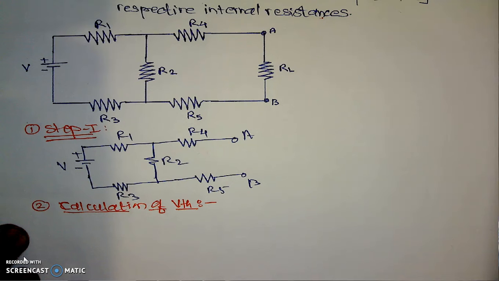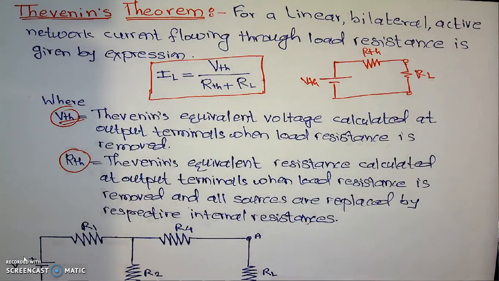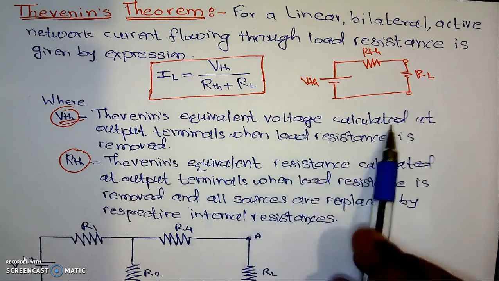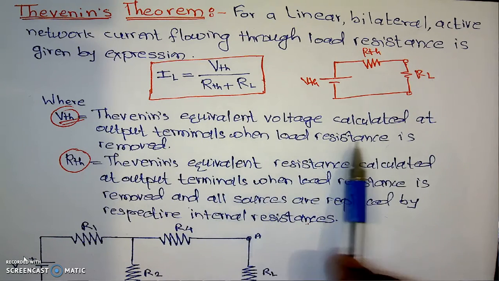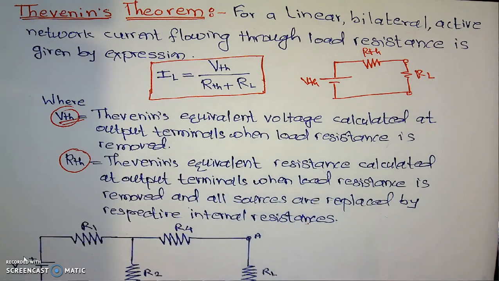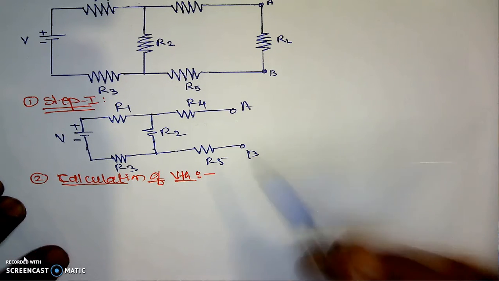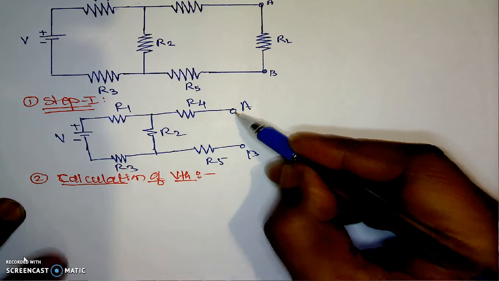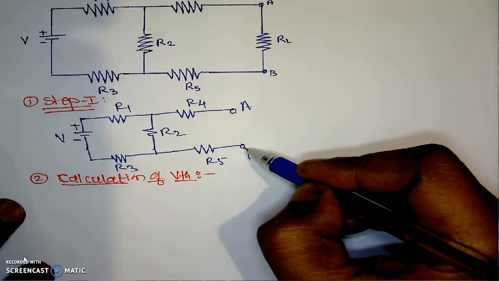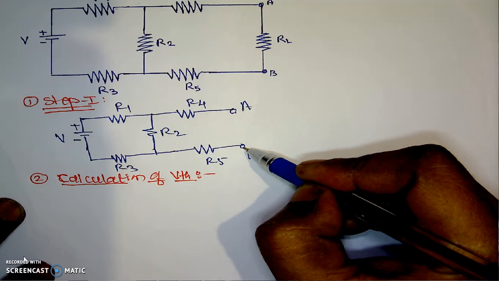I will go to the statement of the VTH and then come back to the original figure. Thevenin's equivalent voltage is calculated at the output terminals when the load resistance is removed. Means when we remove the load resistance, the circuit will be something like this, and we will calculate the potential between the terminals A and B. That is the value of the VTH.